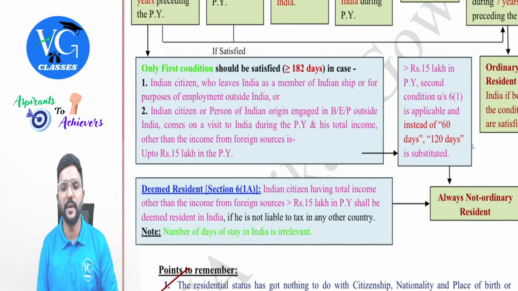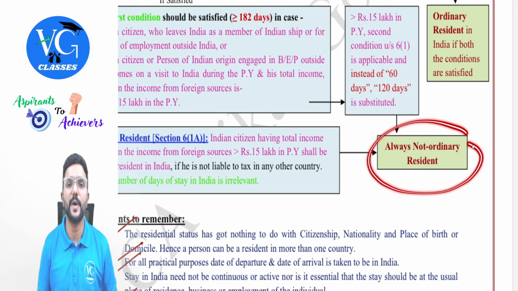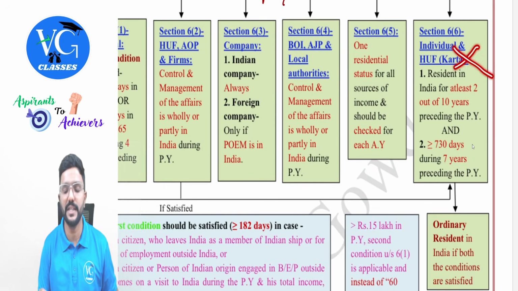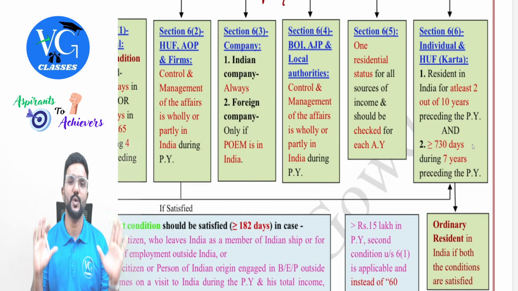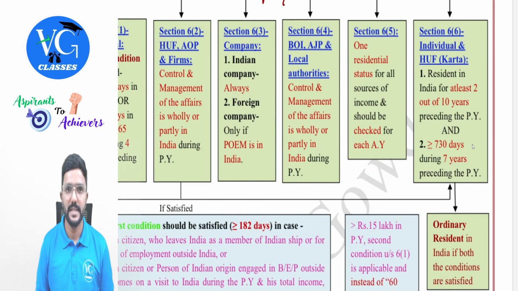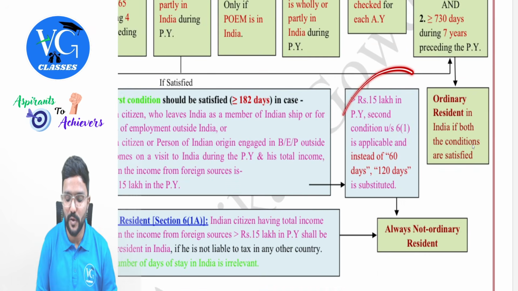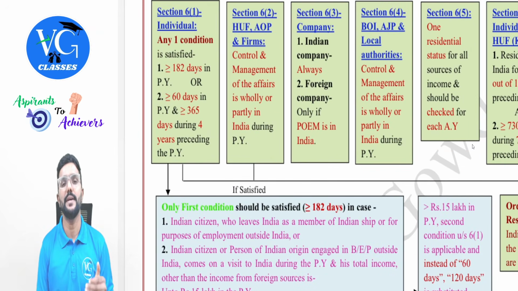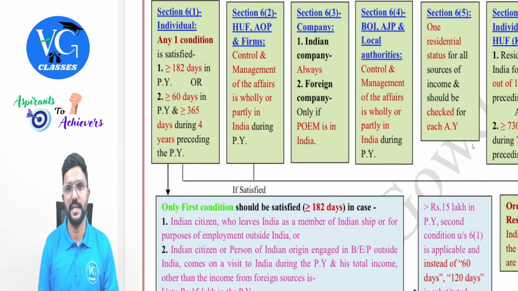So straight away you would become what? Not ordinary resident. Sir, should we check the additional condition in that case? No, guys. Please don't check it. Is that clear? Because he is covered in this provision and is satisfying the second condition given under section 6(1) to become resident, in that case he would always be not ordinary resident.